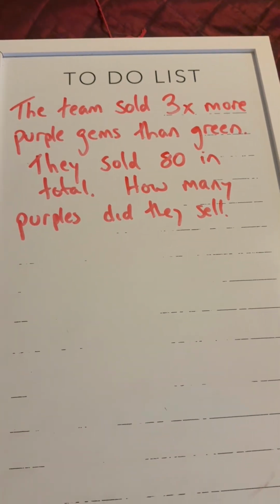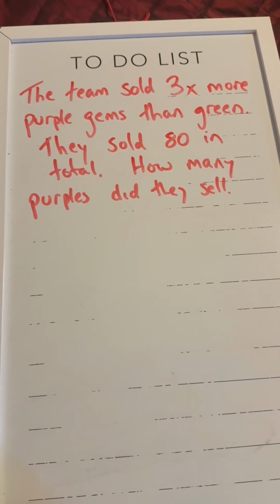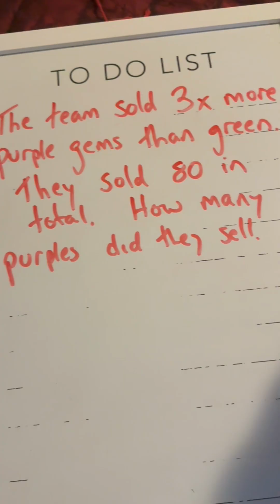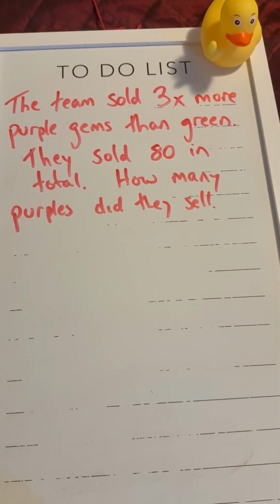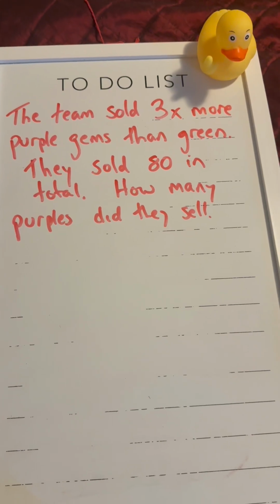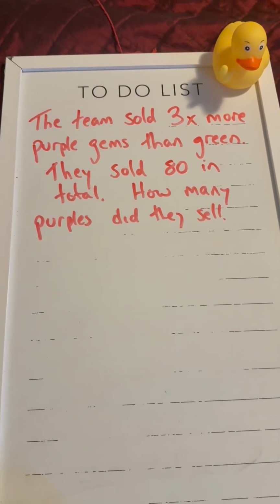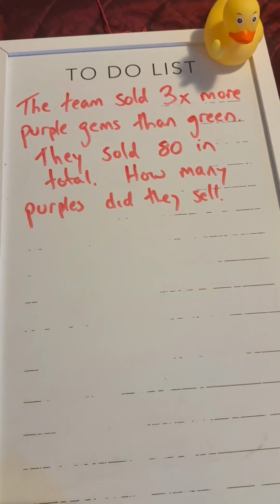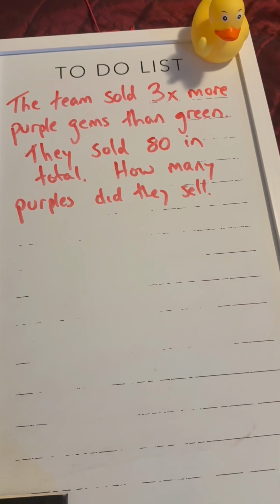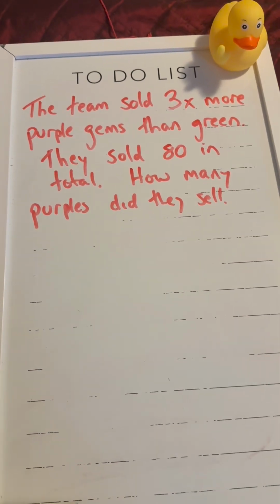All right, so you're in a maths test and you get a horrible question like this one. Your team sold 3 times more purple gems than green. They sold 80 in total. How many purples did they sell? Now, this is actually an algebra question, but what you can also do is use your bar method to think about this. I don't have purple, so I'm going to use blue, okay?